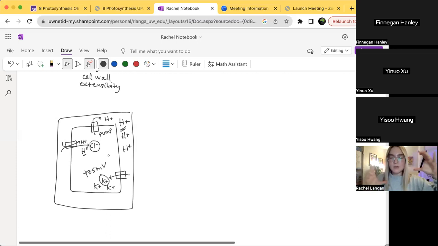Because if the cell wall is really rigid, if we put a bunch of water in through just this mechanism, we wouldn't actually elongate the cell, we would just increase the turgor pressure. Thank you. Cool. Next question.